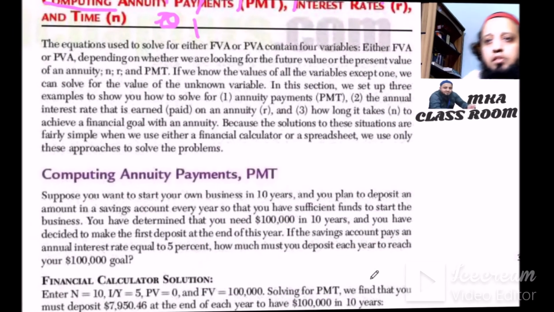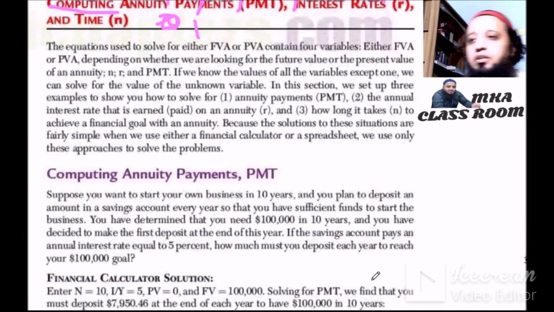So, suppose you want to start your own business in 10 years and you plan to deposit an amount in a savings account every year, so that you have sufficient funds to start the business.